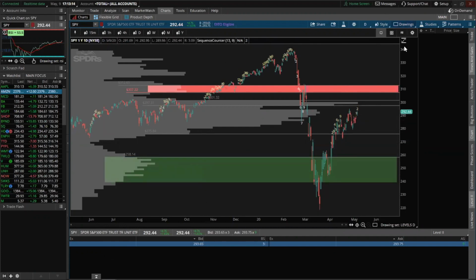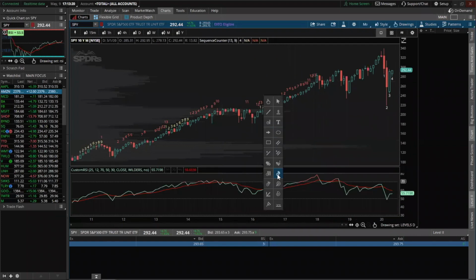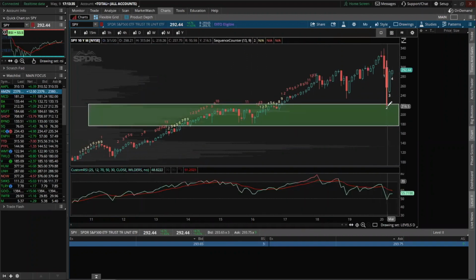Now I want to show you something very, very cool. If you were actually really good at this, okay, you were confident, look at this level. This is the monthly chart, okay? You see this level? This is one of the largest levels in the market, in S&P. Look where they bought it back.